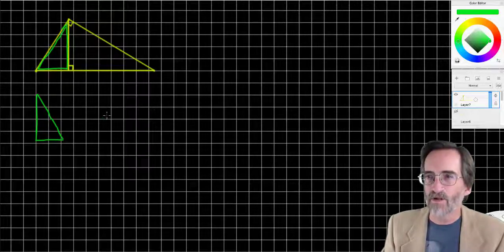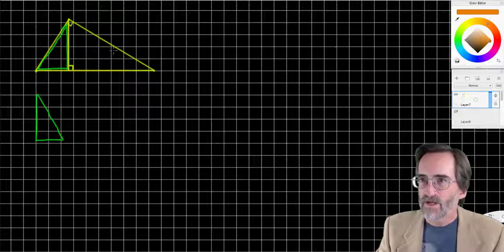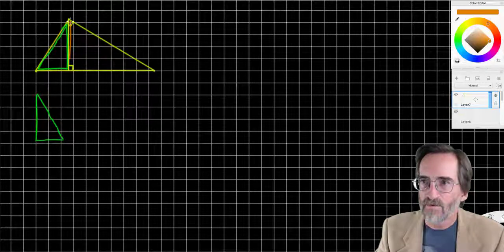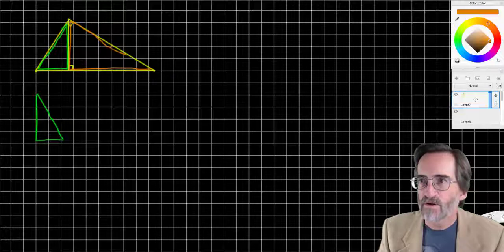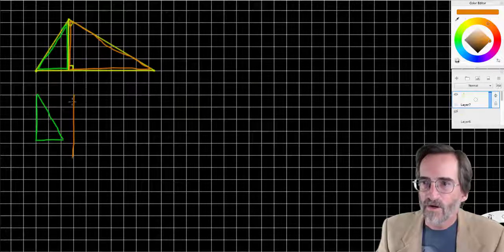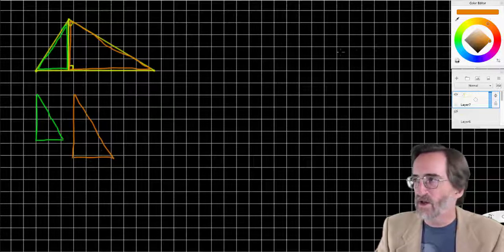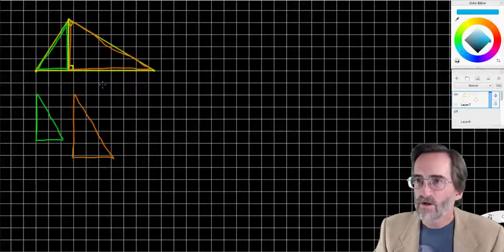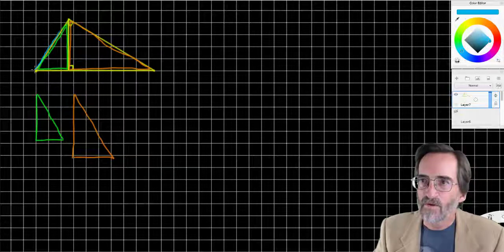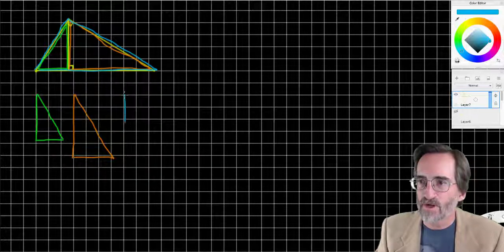So we have a small triangle, and we've got a medium-sized triangle right here, which I'm going to redraw right here. And we've got a large triangle, which outlines all of it. I'm going to redraw the large triangle right here.